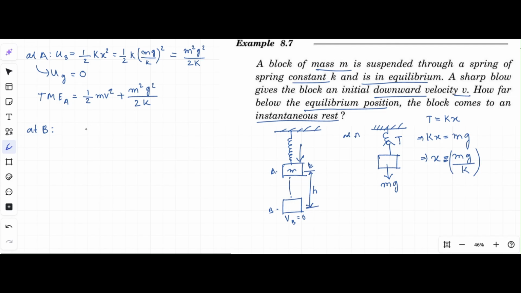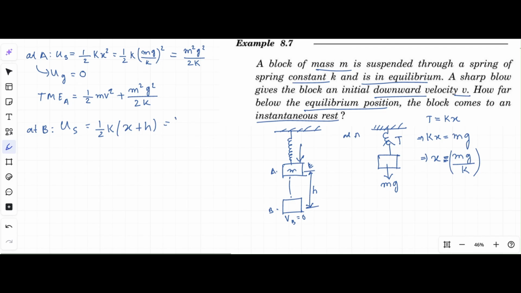First, let us see what the spring potential at B is. It is equal to half k x square. It was x square initially. Now what is the x here? Now x here is x plus h. It was x at A and it has descended a distance h, so more potential will be there.